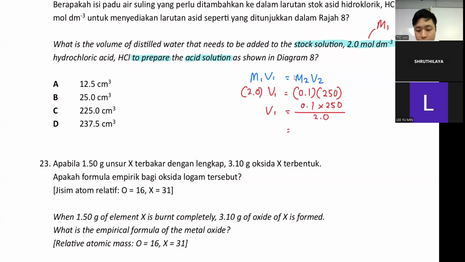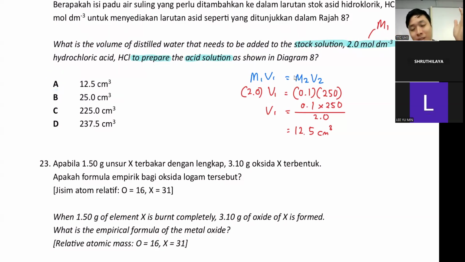Let me type on the calculator. 0.1 times 250 divide 2. So you get 12.5 cm cube. Now, for those who, say 99%, just circle A only.